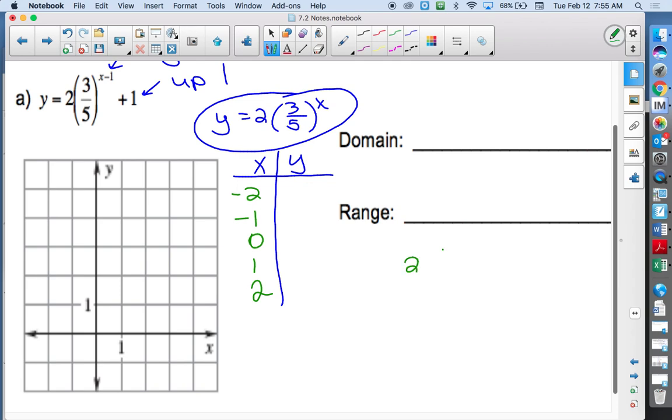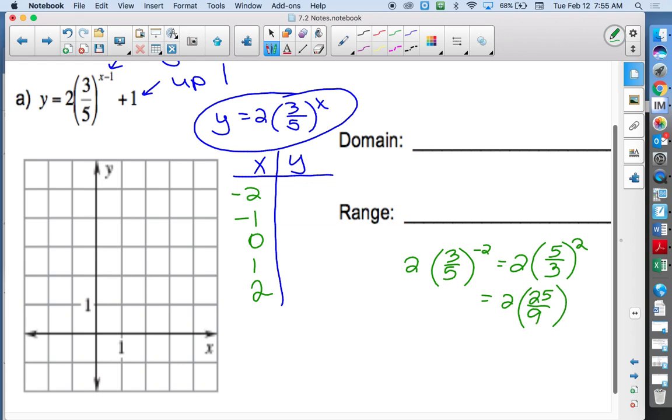So we have 2 and then 3/5 to the negative 2. So Julia, what did you say happened when you had a fraction with a negative exponent? You flip the numerator and denominator. So this becomes 5/3 squared. Julia, I'm going to pick on you one more time. What happens when you have a fraction and it's squared? You square both the top and the bottom. So this becomes 25/9.